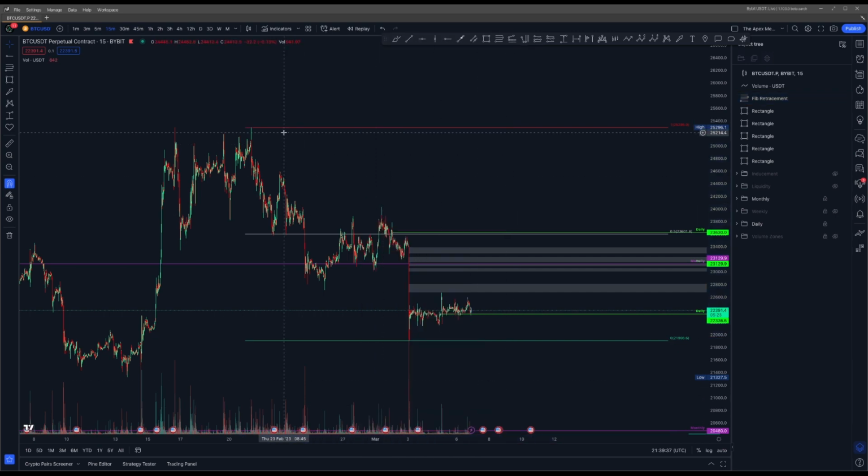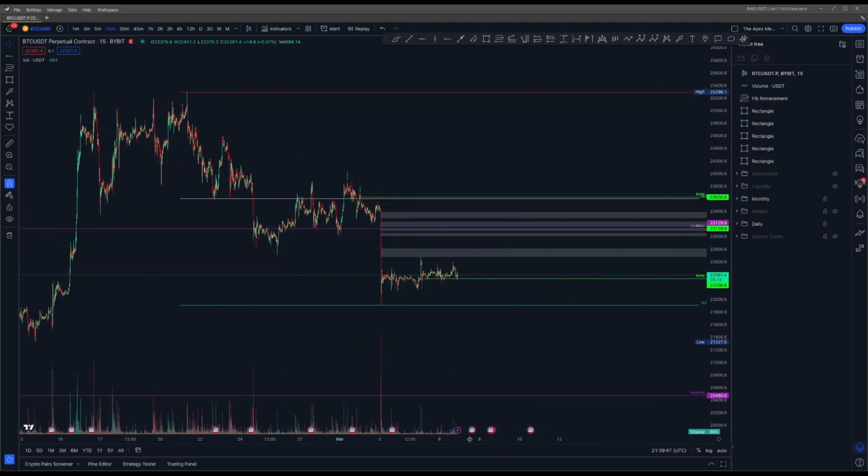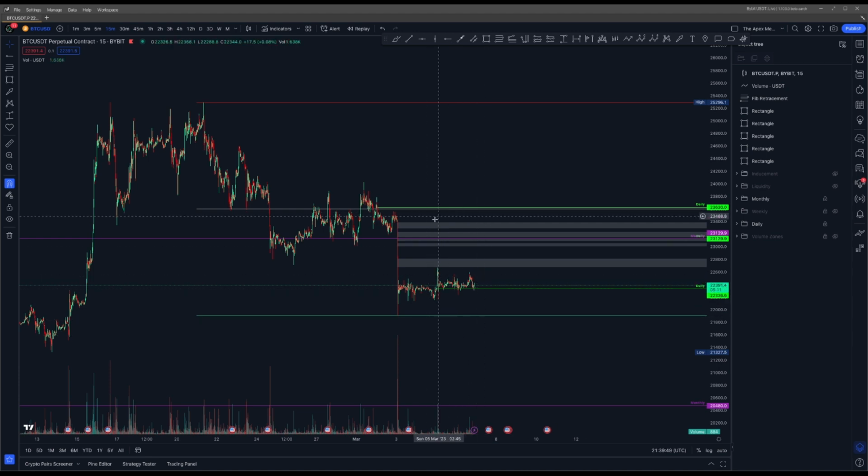Okay, so high point, low point, anywhere in between gives us the idea of the cost of Bitcoin. So as I say, what I'm trying to favour is, do we have zones where price is cheap?